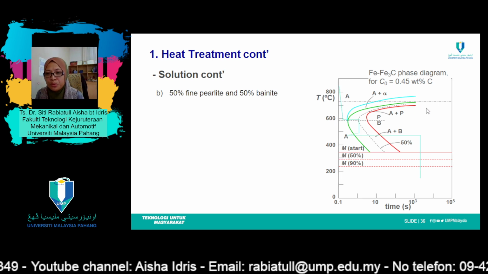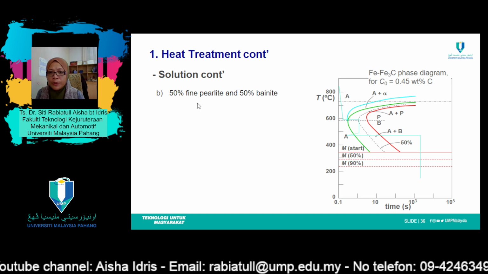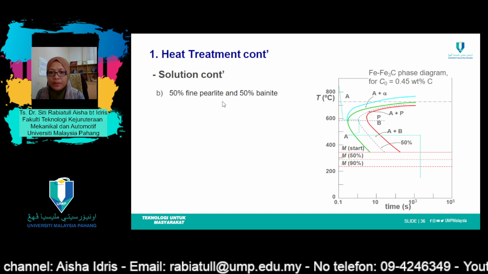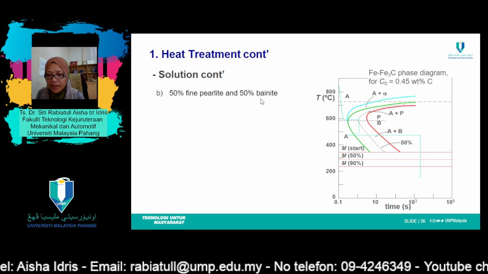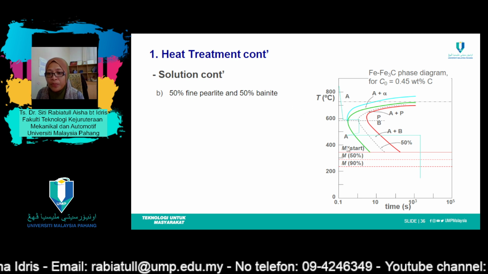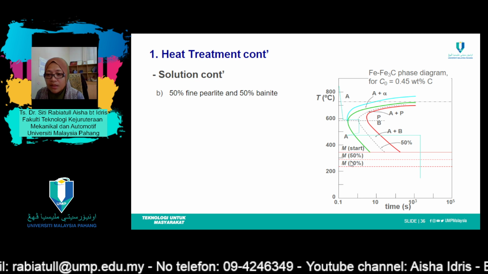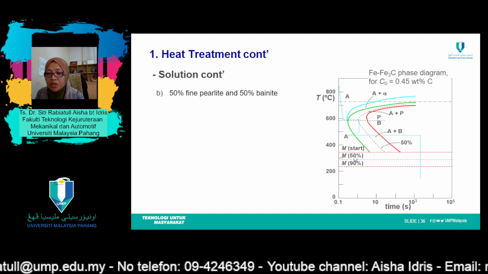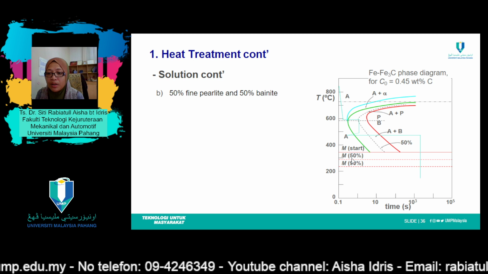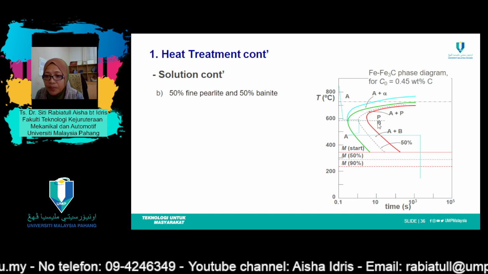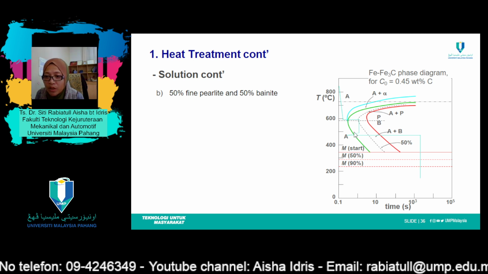Now moving to question B, 50% fine pearlite and 50% bainite. So this is how you draw. We know that this is the area where we want to achieve 50% pearlite and bainite, somewhere here.